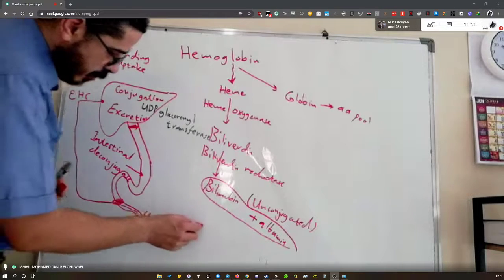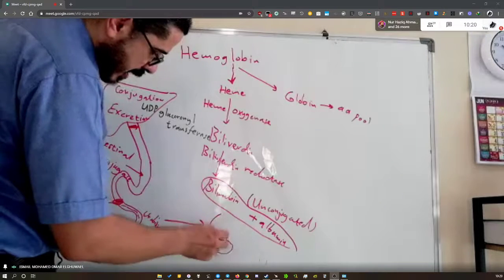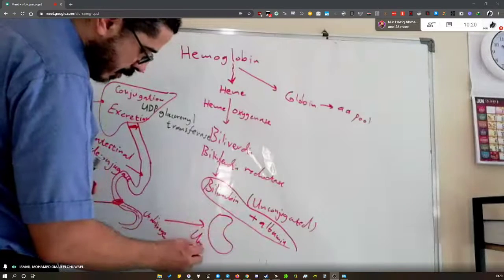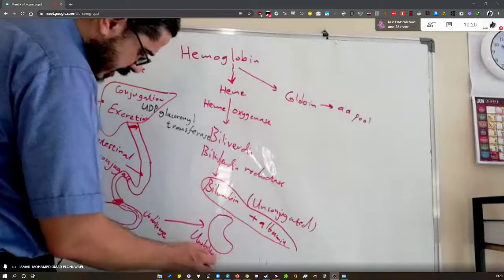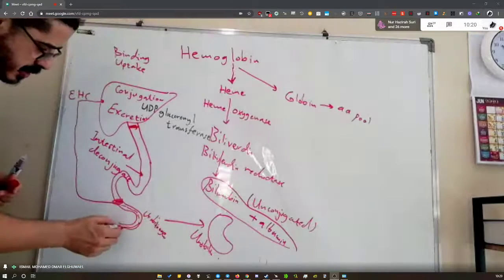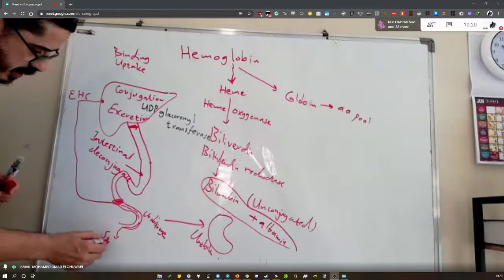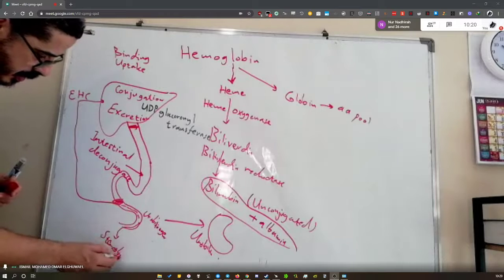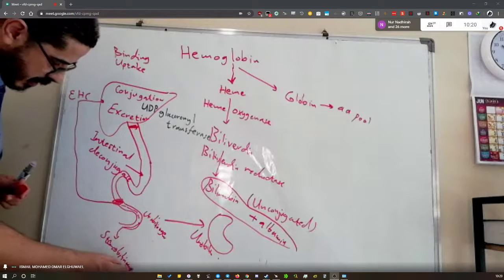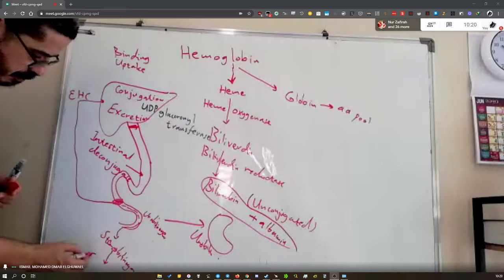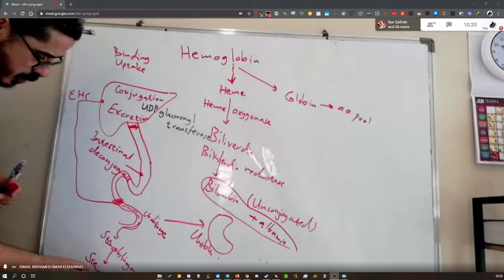Urobilinogen goes to the kidney and becomes urobilin. The part which does not go to the kidney goes down and becomes stercobilinogen, which becomes stercobilin in stool.